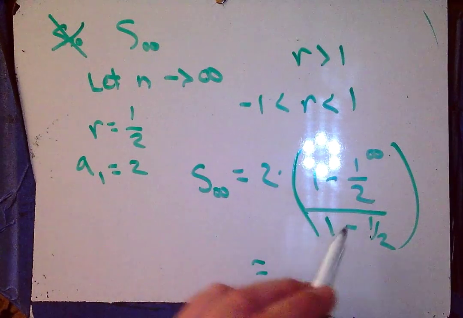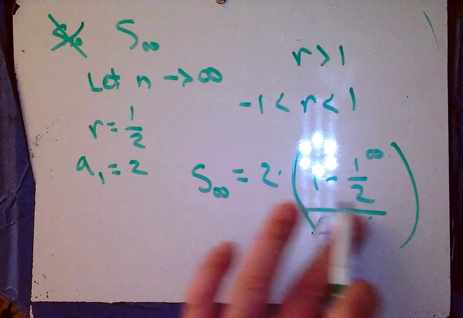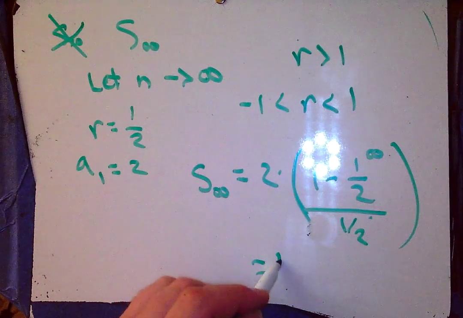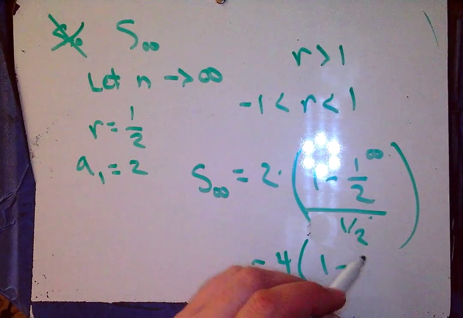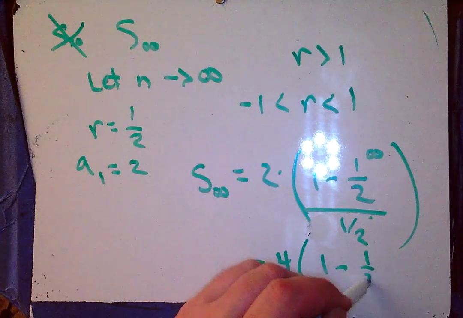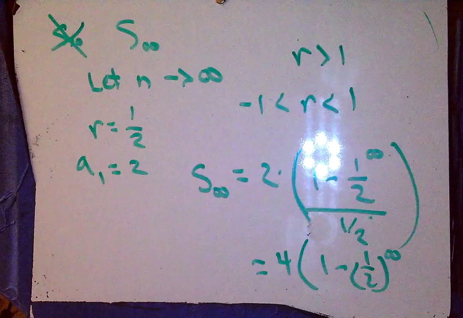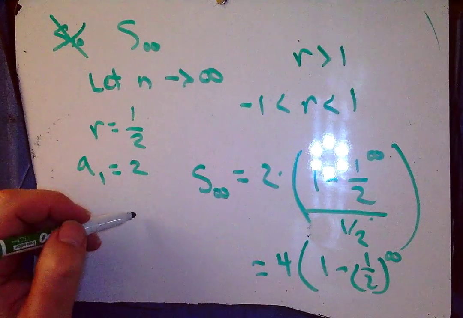Okay, so that's going to be 1/2 on the bottom, and then we flip and multiply, so this is 4, 1 minus 1/2 to the infinity. Now, about 1/2 to the infinity. That's a lot of zeros there. Think about it this way.